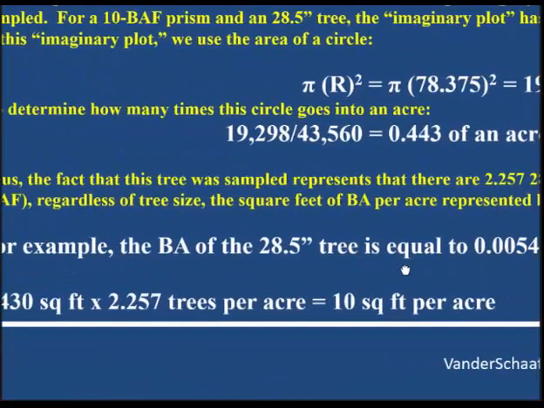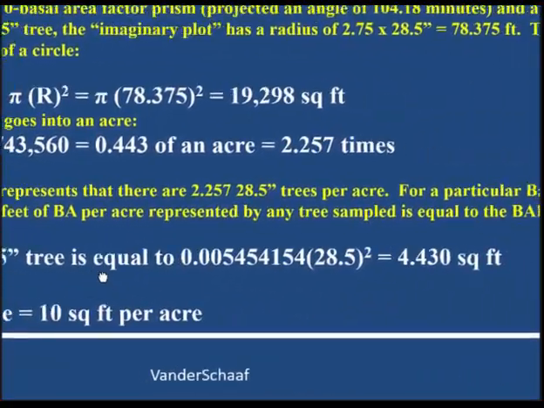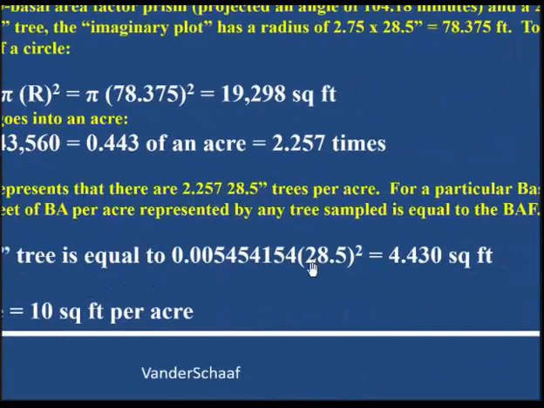For example, the basal area of the 28.5 inch tree is equal to what? Our Forester's constant, 0.005454154 times what? The DBH of the tree in inches, 28.5 squared. Remember, this Forester's constant takes us from what? Diameter in inches to cross-sectional area, in this case in square feet, at 4.5 feet.